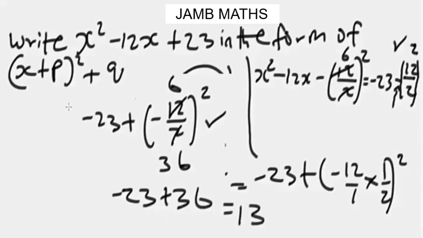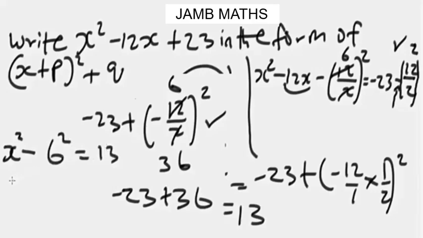But remember, for the left side of the equation, we can choose to remove this minus 12x. So we're going to have (x minus 6) squared equals 13. Okay, so that's basically what we're going to have there.